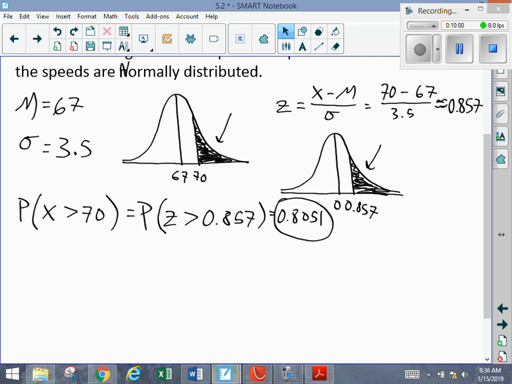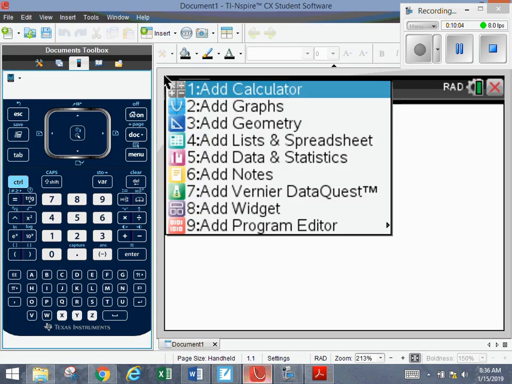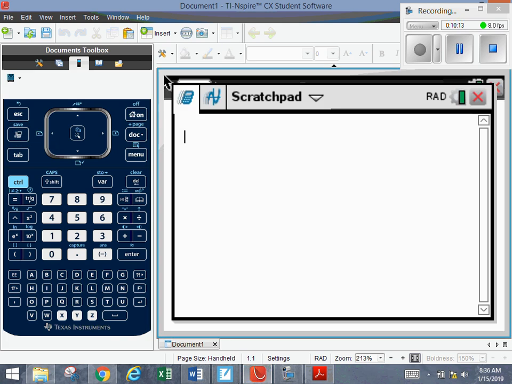Okay, so another approach: if you get out your handy dandy calculator, you can do this from just your scratch pad. You can hit the calculator button and do it from your scratch pad. You don't have to insert a list and spreadsheet, you don't have to do all that stuff.